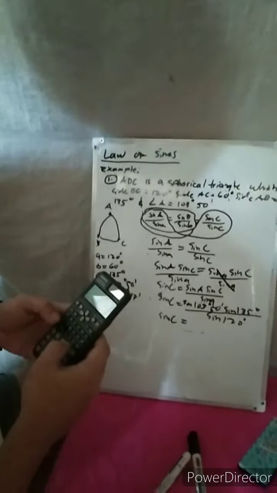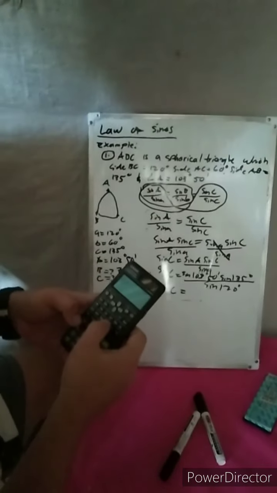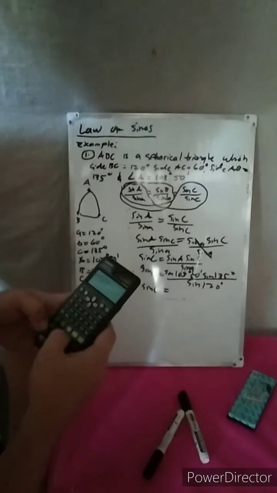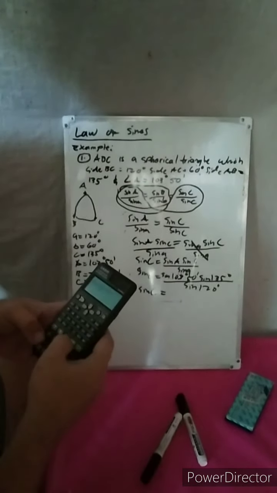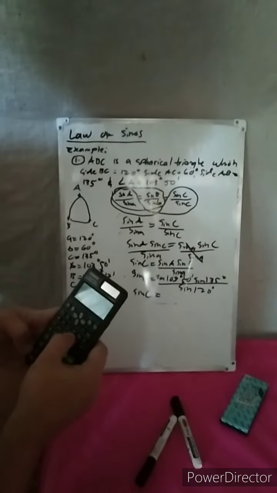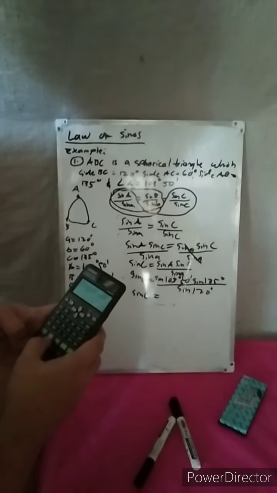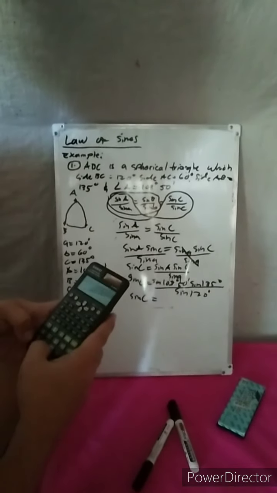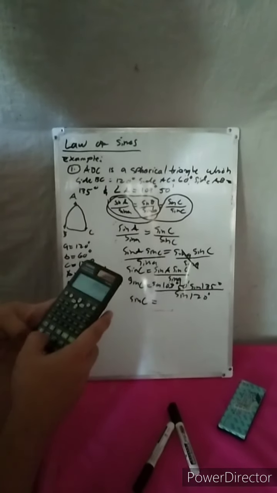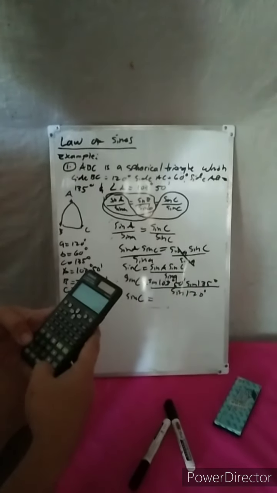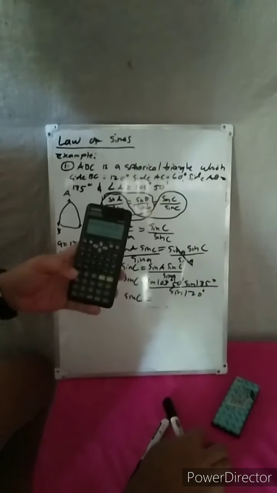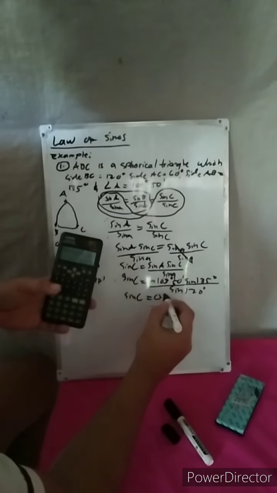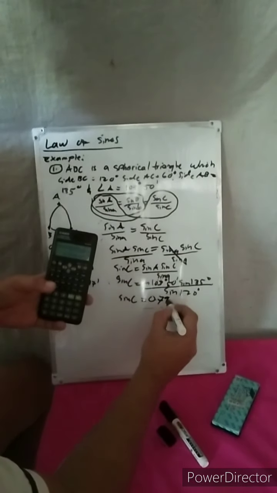i-input natin sa calculator, sin 103 degree 50 minutes, sin 135 degree over sin 120 degree equals 0.793.